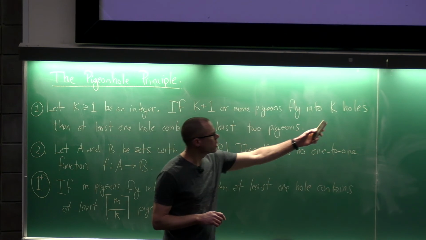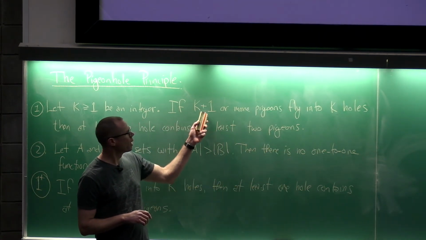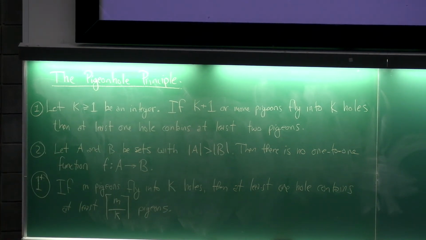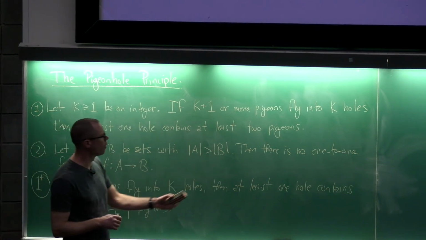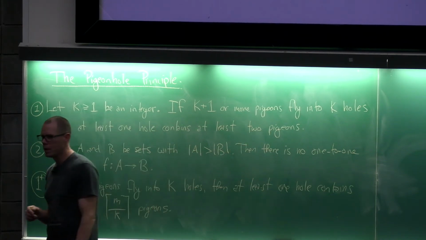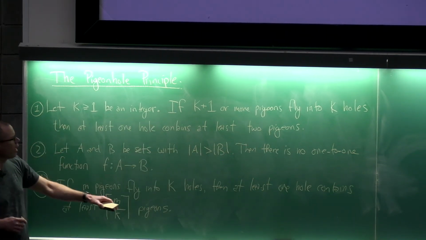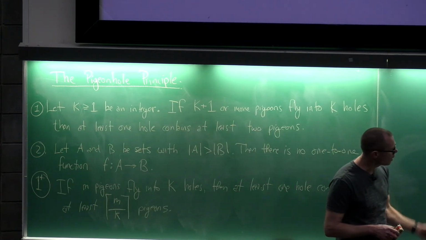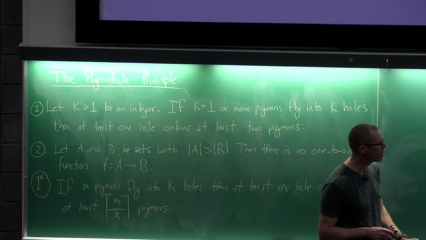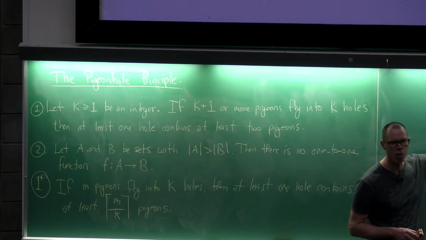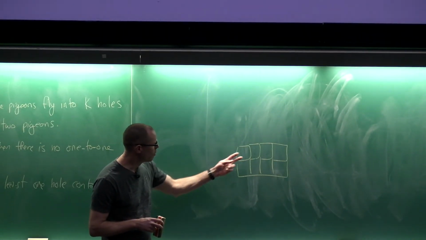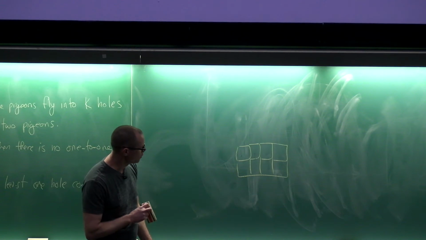So K in this is the number of holes, and K plus one or more pigeons, so more pigeons than holes. What you conclude is that at least one of the holes contains at least two pigeons. You need both "at least"s, because sometimes, say you take 9 pigeons and fly them into these 8 holes, you might end up with 4 holes that have 2 pigeons, for example.